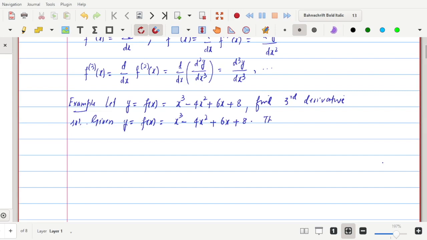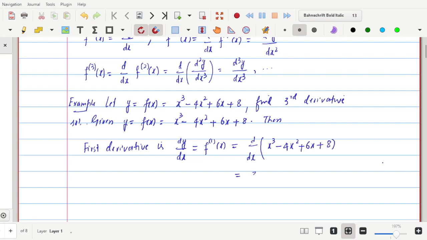We will first compute the first derivative. The first derivative is dy by dx, which we can also denote by f1 of x or f dash of x, and this is d by dx of x cube minus 4x square plus 6x plus 8. This is equal to 3x square minus 8x plus 6.